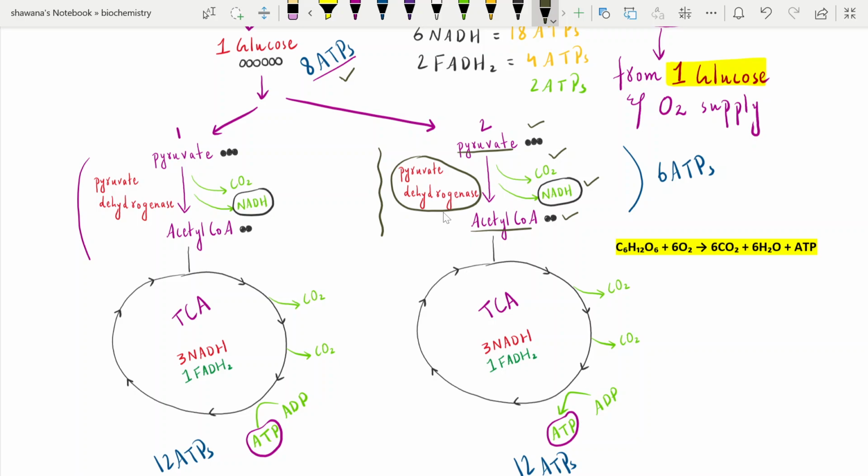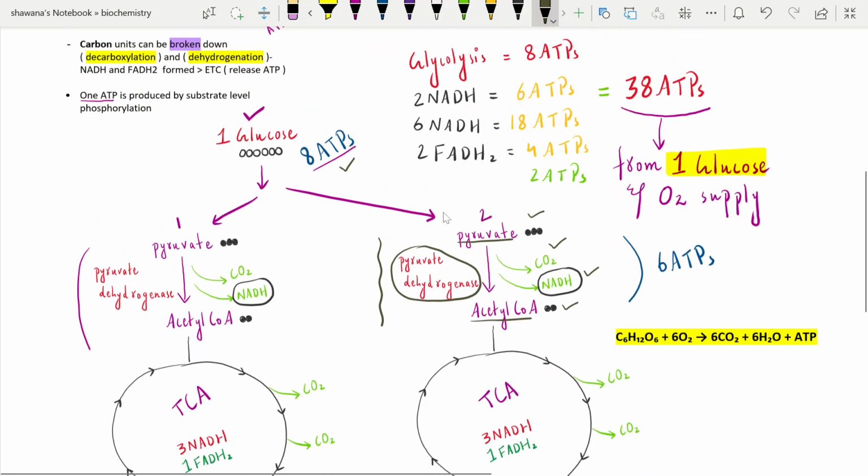Here one carbon dioxide and one NADH are formed from one pyruvate. But from one glucose we have two pyruvates. So how many NADH are formed before the Krebs cycle? Two NADH are formed before entering the Krebs cycle.